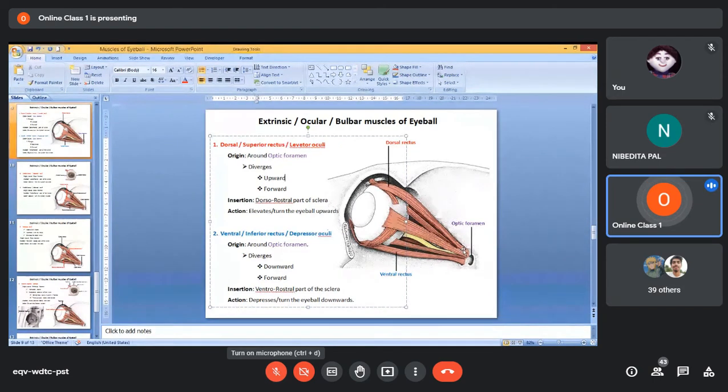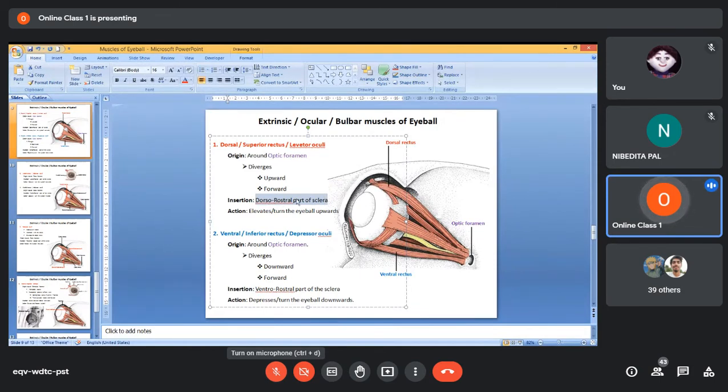So from its origin, the dorsal rectus will diverge upward and forward. Upward means it is dorsal rectus, so it will go upward, and also forward. And it will insert on the dorso-rostral part of the sclera. Dorso means upper part, rostral means anterior part.